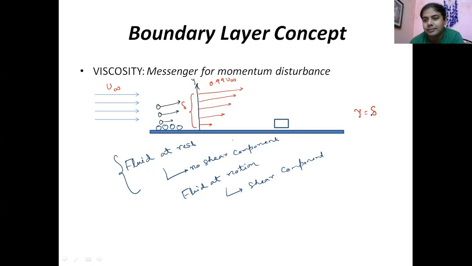If you go to y equal to delta, you will get the velocity that is 99% of the initial upstream velocity before coming to the plate. So that is the velocity distribution layer to layer. If you join this line, this is known as the velocity profile.